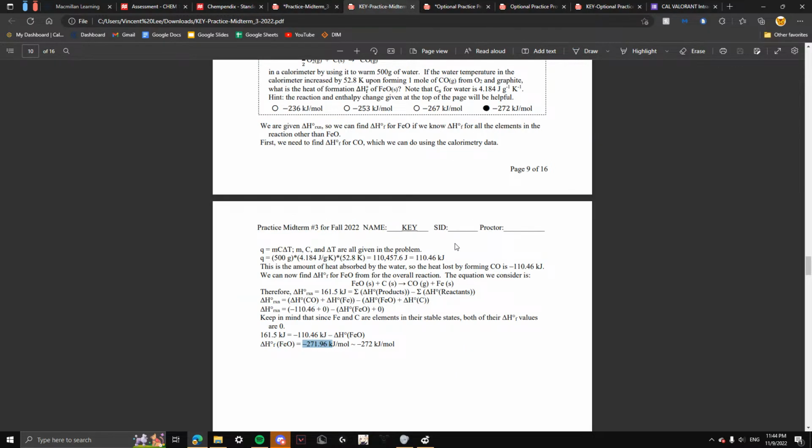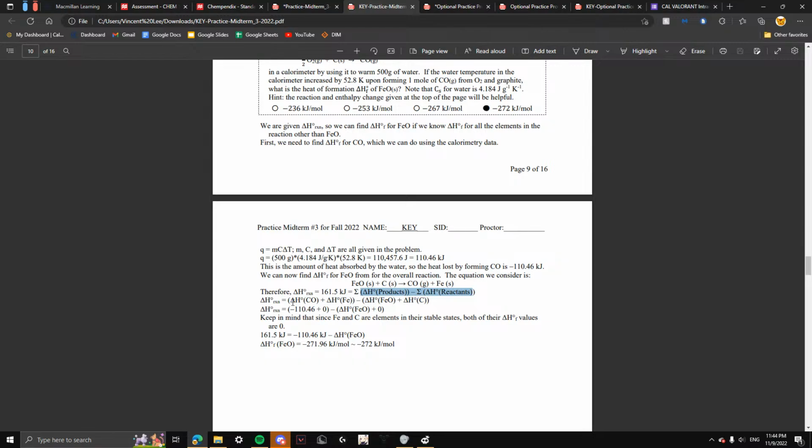Let me see if the answer key has the explanation. This is the amount of heat absorbed by the water, so now we can find delta H. Oh, I am right. Products minus reactants.